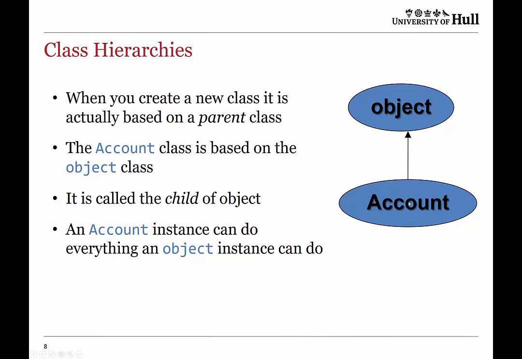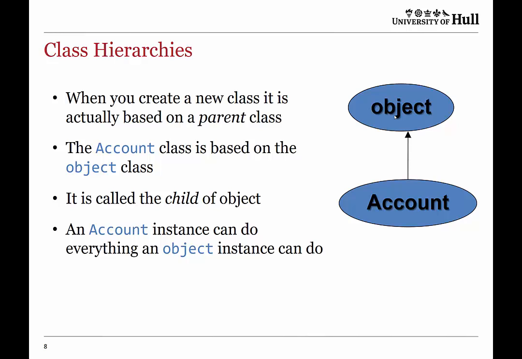At the very top is a class called object. Object exists in a C# program to act as the parent of every other class. So every type in C# is descended from object. It's the parent of everything.